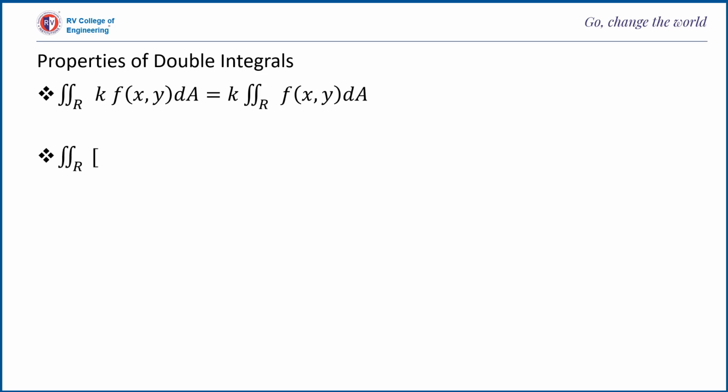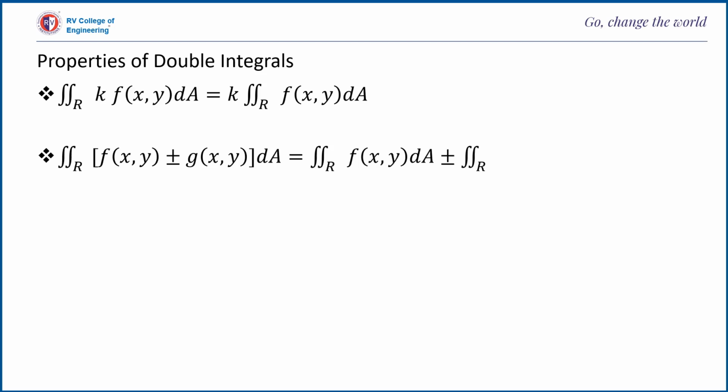Now the second important property is the double integral over the region R of f of x comma y plus or minus g of x comma y dA is equal to the double integral over the region R of f of x comma y dA plus or minus the double integral over the region R of g of x comma y dA.